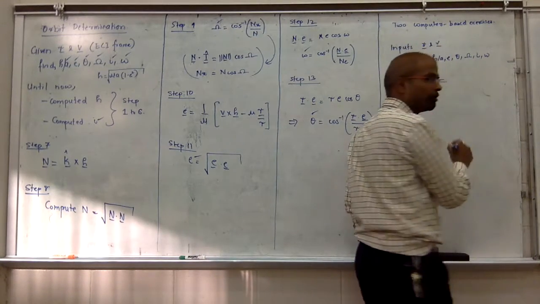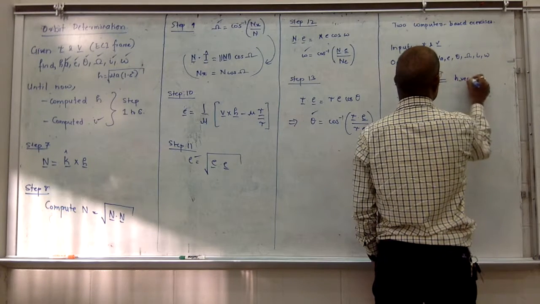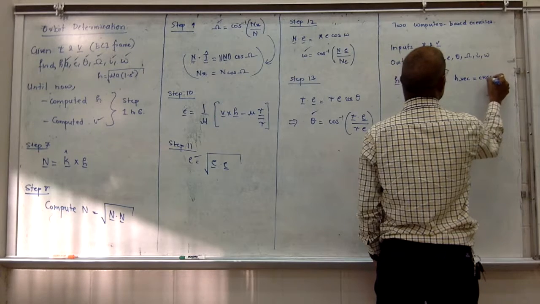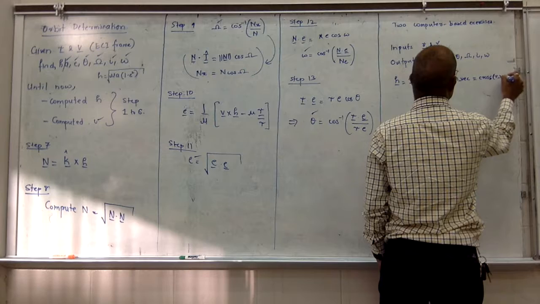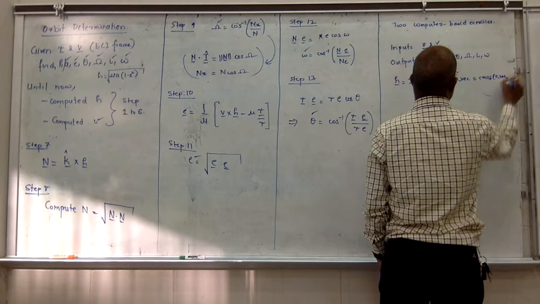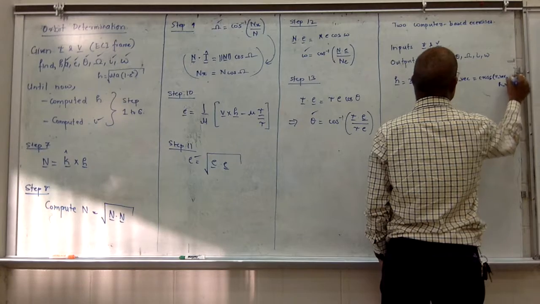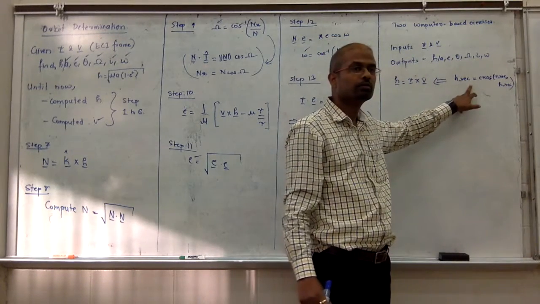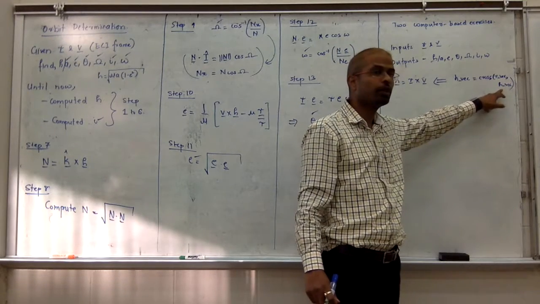You define a variable H_vec, which is a vector, equal to cross(R_vec, V_vec).